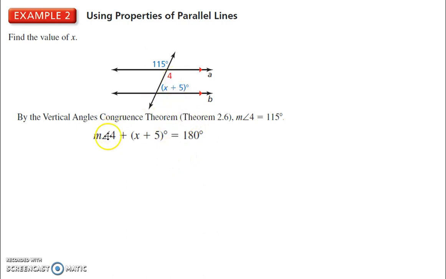The measure of angle 4 plus x plus 5 gives me 180. Replacing 4 with 115, I add 115 and 5, subtract from 180, and x is 60.